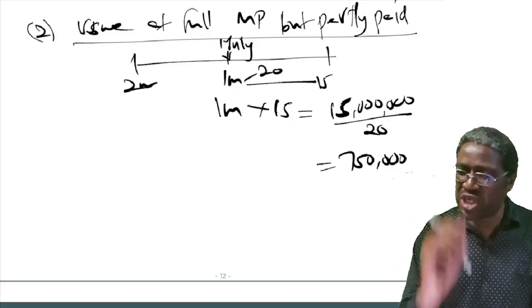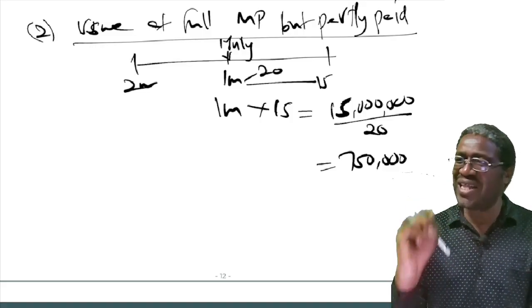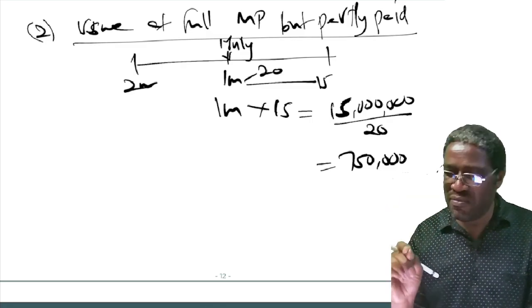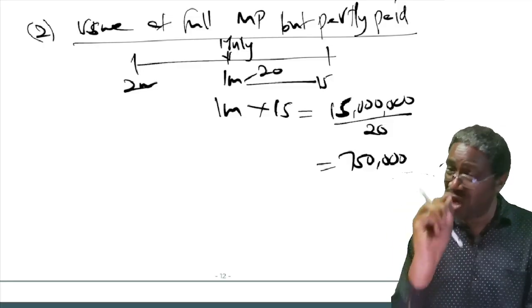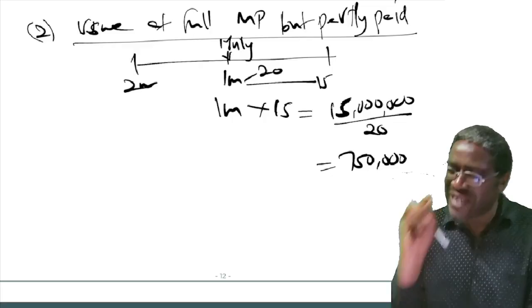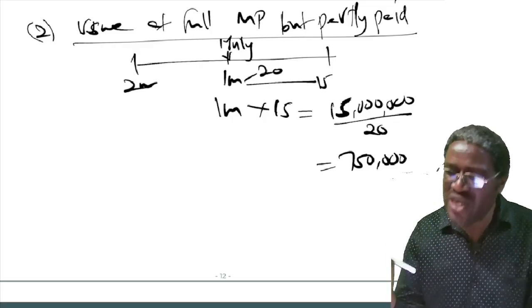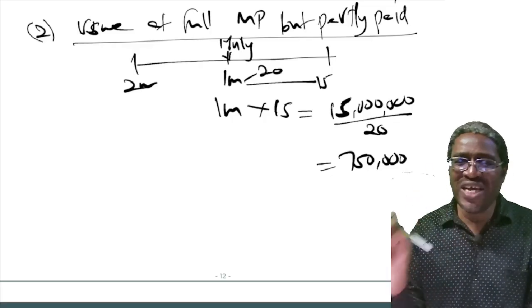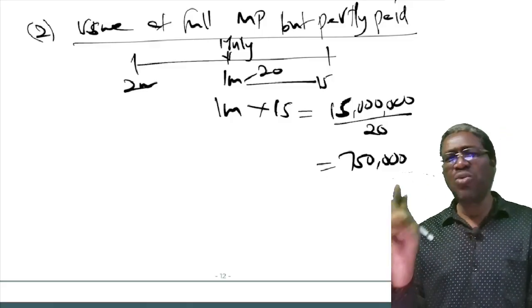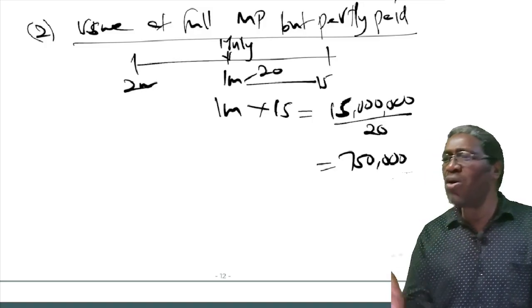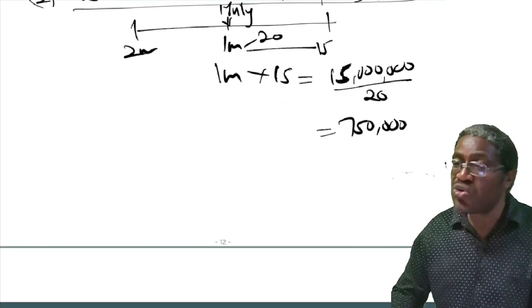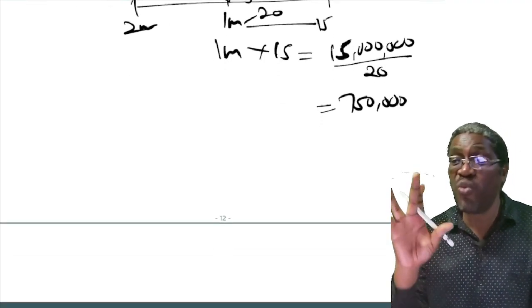When shares are issued at full market price and they are partly paid, you consider the 1 million shares only to the extent that they are fully paid. In other words, out of the 1 million shares we issued, only 750,000 shares are considered to be fully paid. Those are the ones you're going to use for purpose of weighted average.